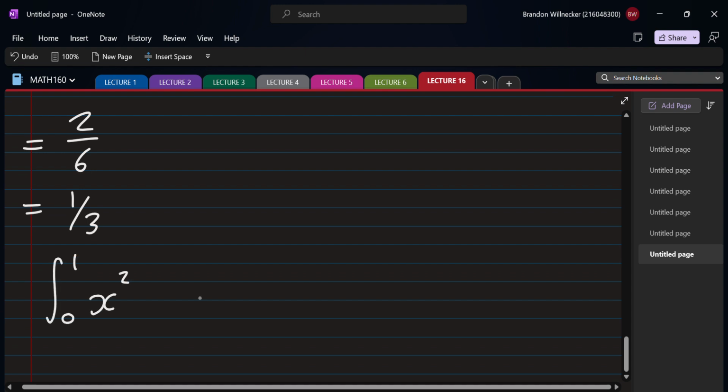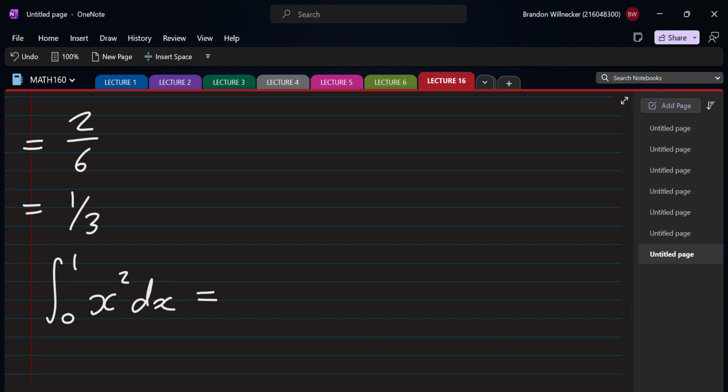Okay, integral from 0 to 1, x squared dx. This is going to be equal to, a little bit of notation here. The way that we write the F at b minus the F at a, we usually write it like this. So we have square brackets, and then inside we put the antiderivative.